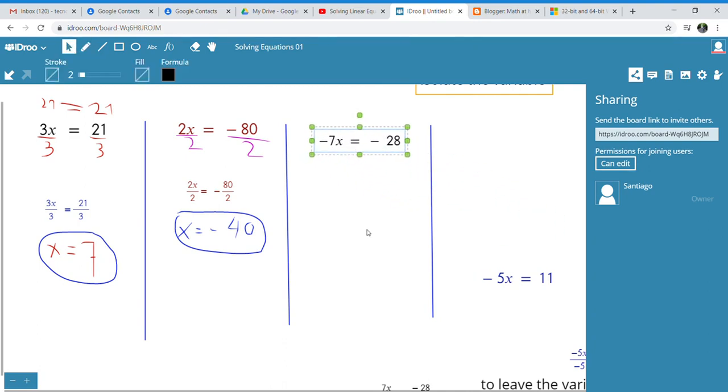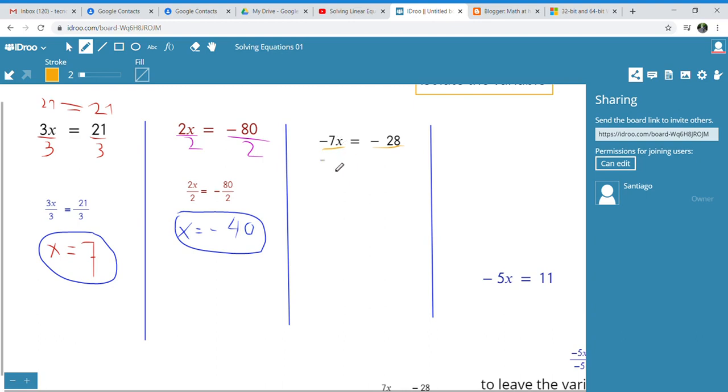Here, what is the solution of this equation? What is the number you have to use to divide so that we get the x alone? You have to divide both members of the equation by the same number so that you get x alone.